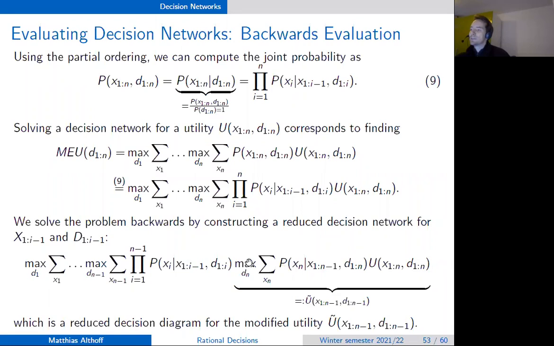And this can be viewed as a utility variable of a remaining decision problem where the last decision has already been made. And this is the remaining part of the decision problem that we then have to step by step reduce, from n to n minus 1 up to decision d1.